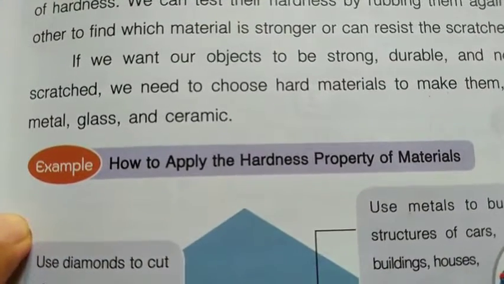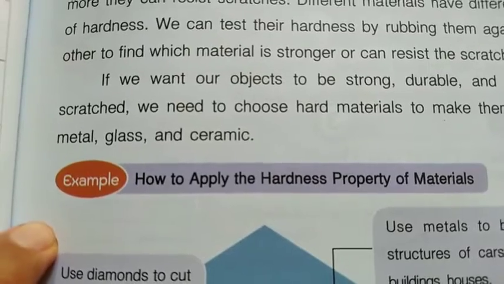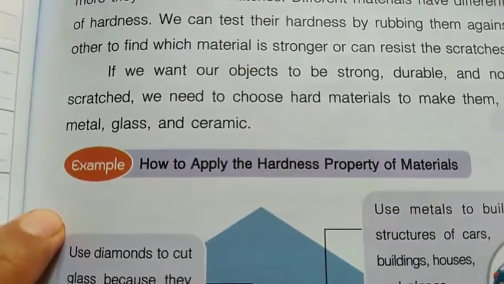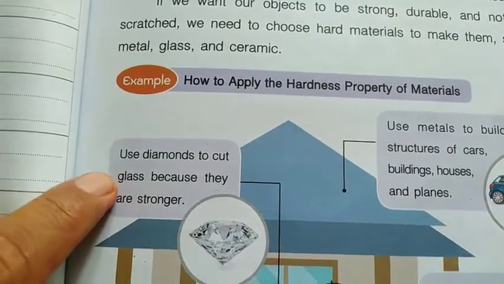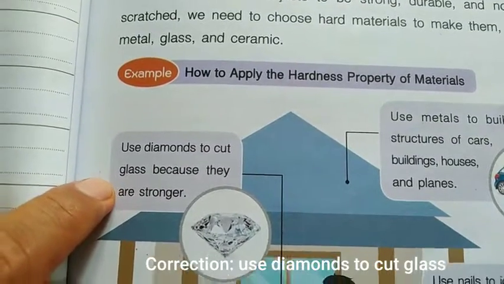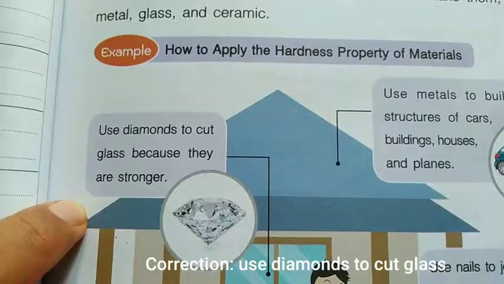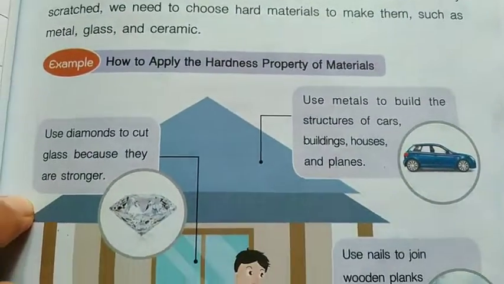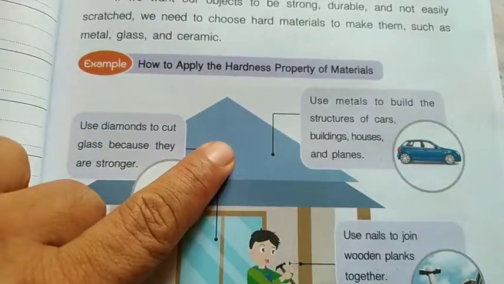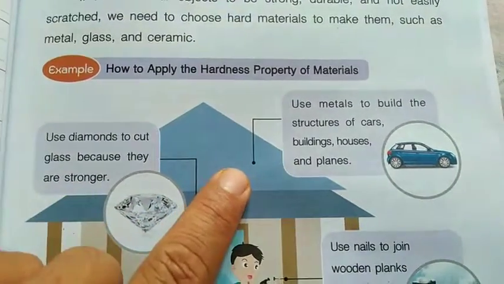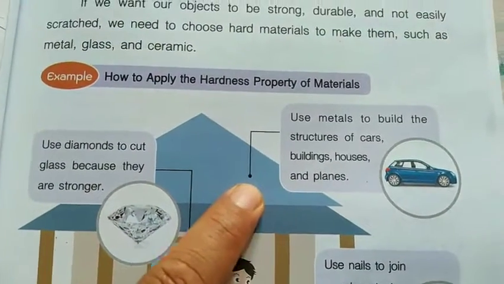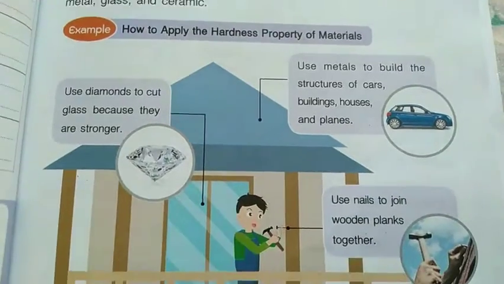For example, how to apply the hardness property of materials. So this is what to do. Use diamonds to scratch glass because they are stronger. And you can use here, for example, that is for the glass, that is for the roof. Use metals to build the structures of cars, buildings, houses, and planes.